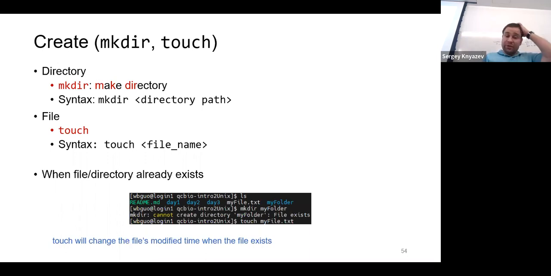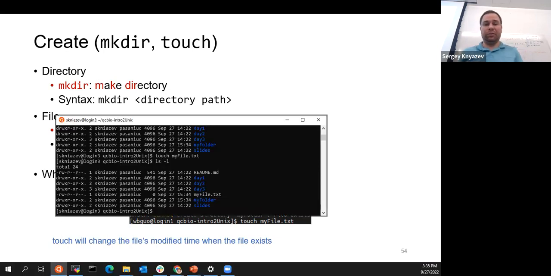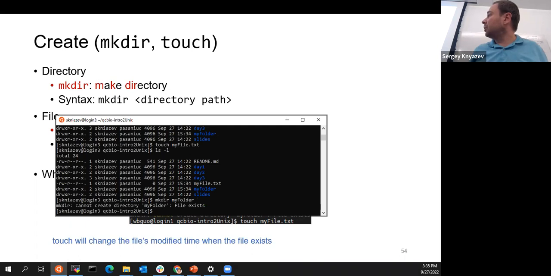So now we can create a directory and files. If a directory already exists, it is going to give you an error. So try to create an existing directory and file. Okay, you can use your arrow buttons, right, to repeat the command. If I'm trying to create the directory a second time, I have an error.